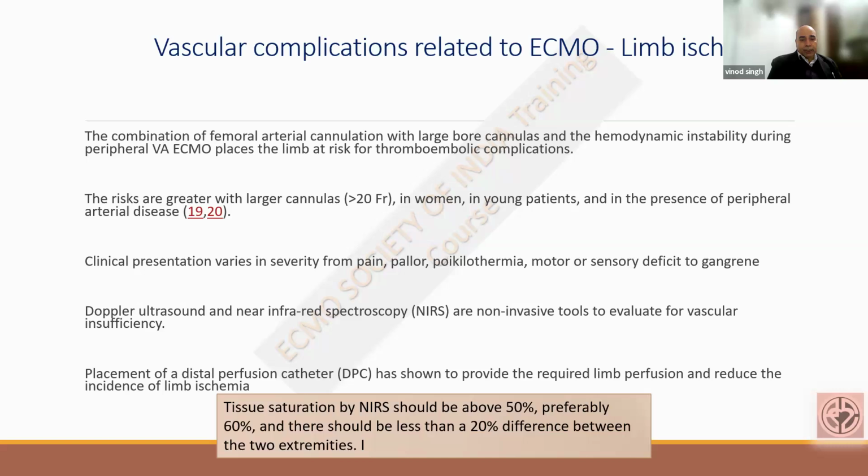Tissue saturation by NIRS should be above 50% and preferably 60%, and there should be less than 20% difference between the two extremities. To assess adequacy of flow, the best way is NIRS, clinical monitoring and Doppler monitoring, and a combined and comprehensive monitoring is required.